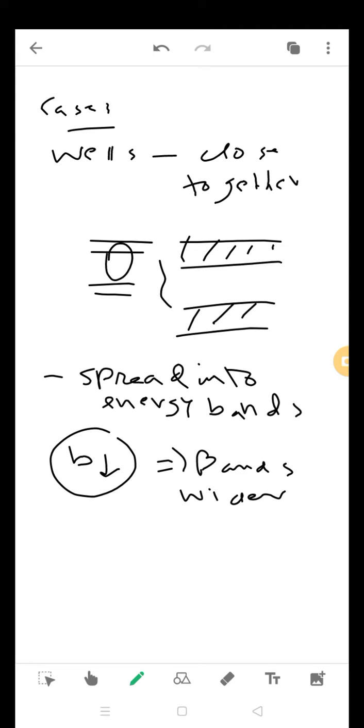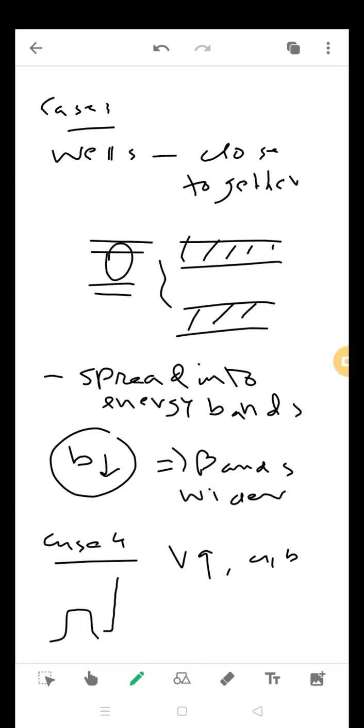And the last case is case 4, which is saying the opposite. If the value of V is extremely high, and a and b are remaining fixed, so if you have a potential like this, now the potential has gone like this. The positions of a and b are fixed, but with respect to the potential, the values of a and b are now quite small.